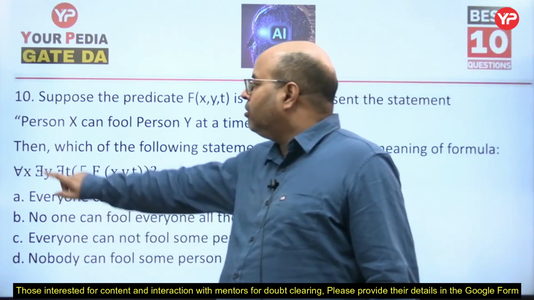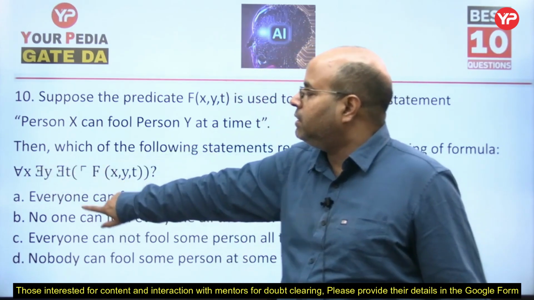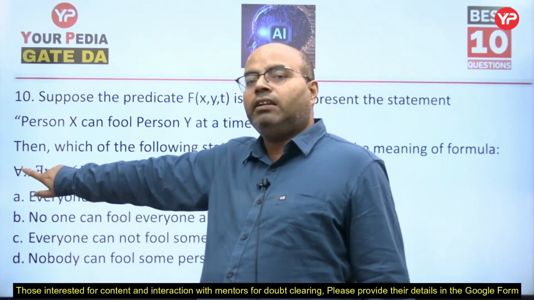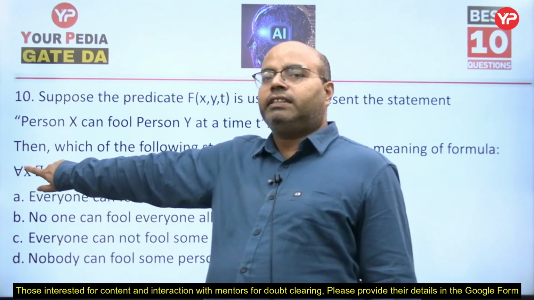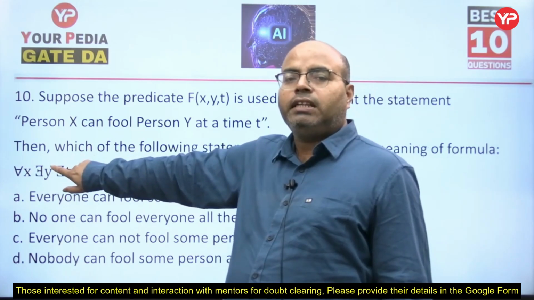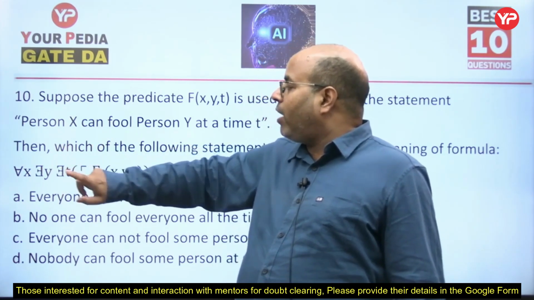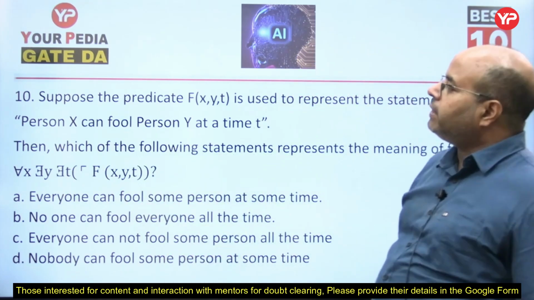Now we read, what is this? For each x, this is the universal quantifier. For each x, there exists, the existential quantifier, there exists a y at a time t.